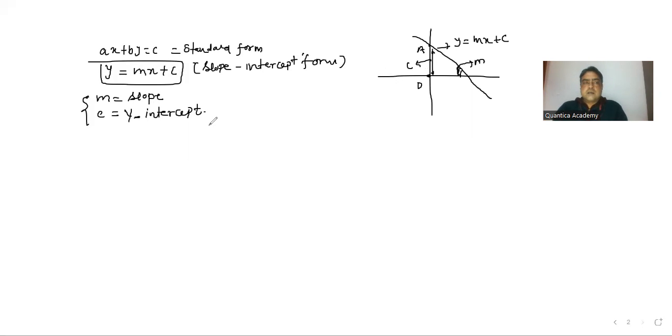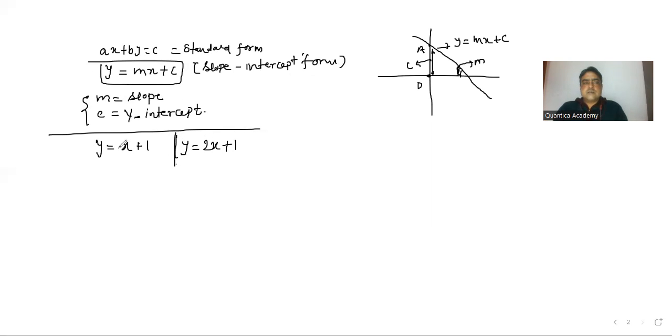All right. Let us take an example and try to understand it in a better way. Suppose we have been given an equation y equals x plus 1, or y equals 2x plus 1. Suppose there are two equations.